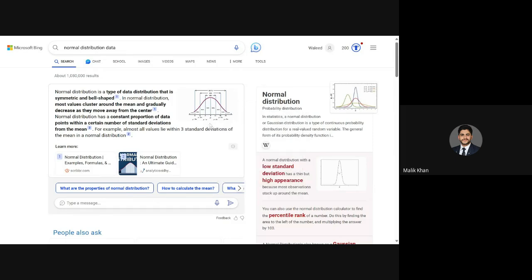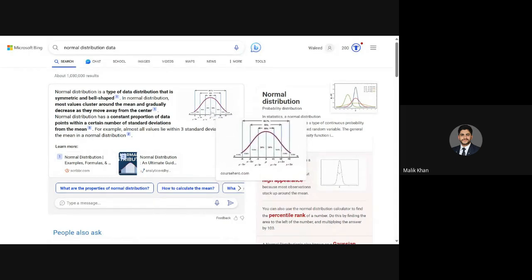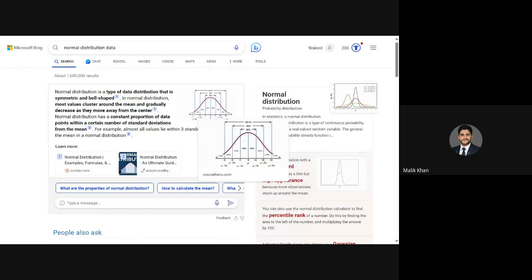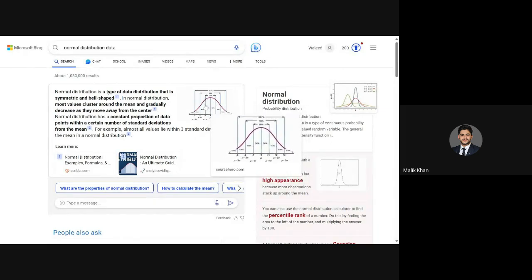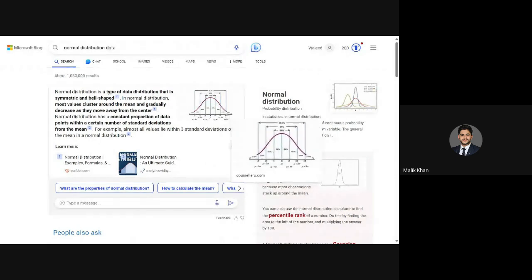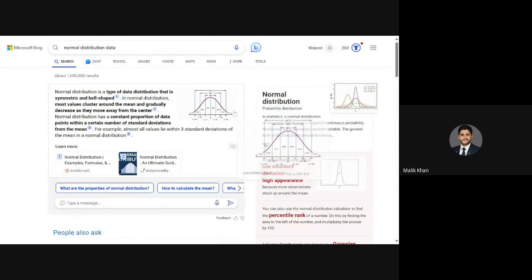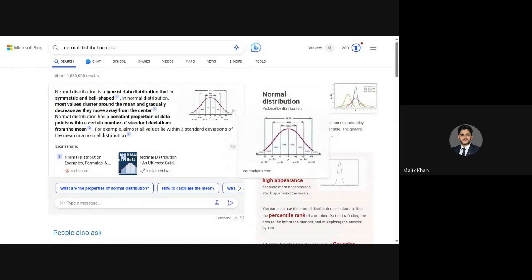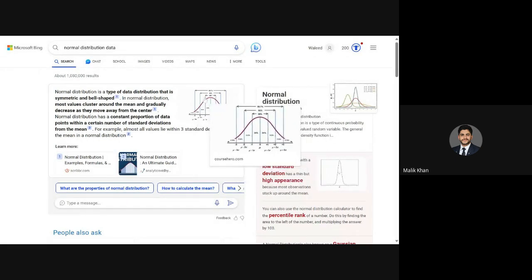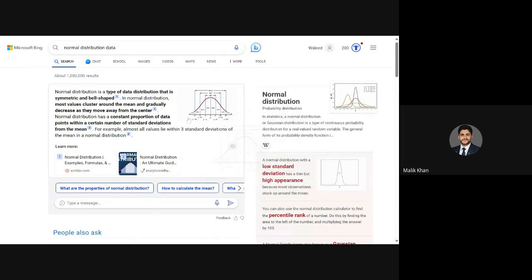What would happen is that it will give you a big bar over here, then smaller, smaller, smaller. If you make a curve over this data, it will give you the shape of a bell. This is also known as a bell curve, right?